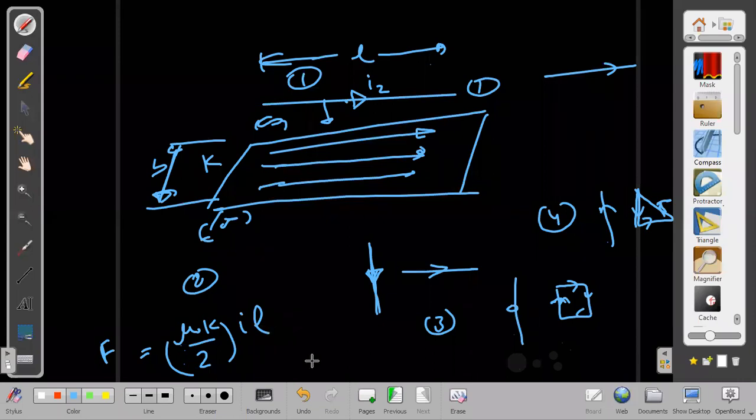Yes, right, L length. What about these cases? Take from minus infinity to plus infinity. Current is I1. This is I2, and this is a finite length. What is the force acting on this finite length of L length placed perpendicularly to the infinite wire? Can you get it?